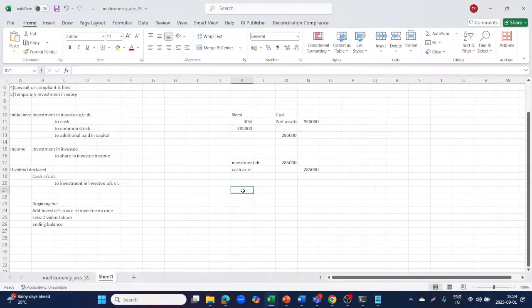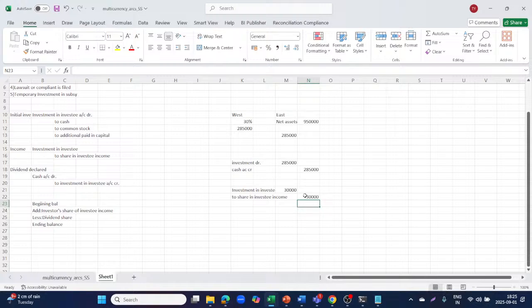As I said, it had net income of 1 lakh and paid dividend of 50,000. So investment in investee debit will be 1 lakh into 30%, and credit will be share in the investee income, which will also be 30,000.